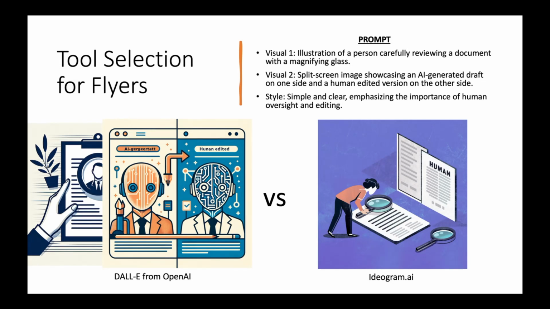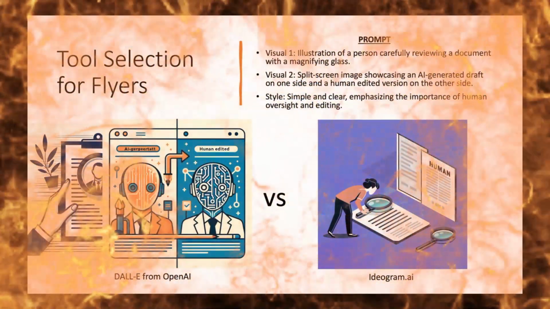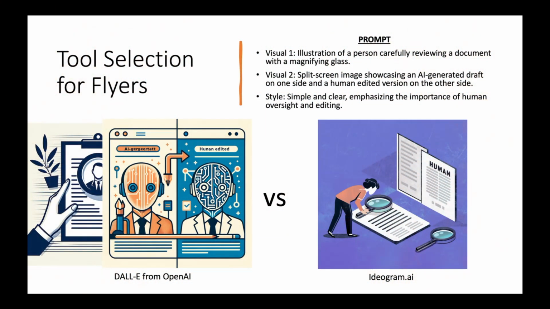As an example, I pasted this prompt: Visual 1, illustration of a person carefully reviewing a document with a magnifying glass. Visual 2, split screen image showcasing an AI-generated draft on one side and a human-edited version on the other side. And then the style: simple and clear, emphasizing the importance of human oversight and editing.